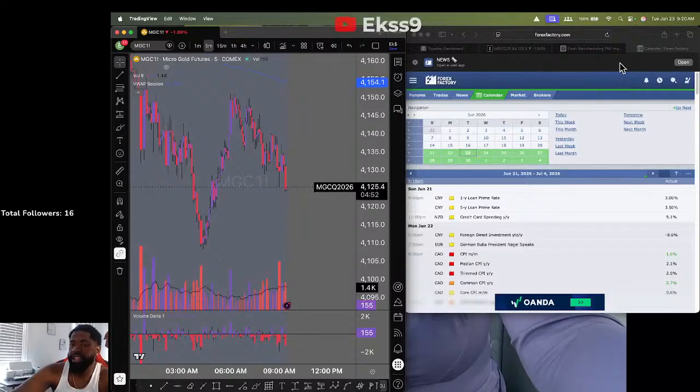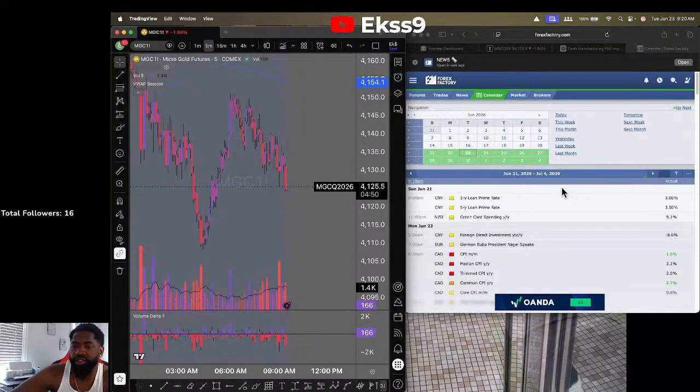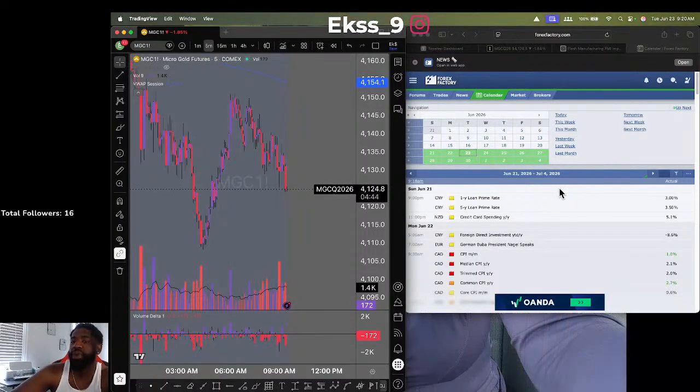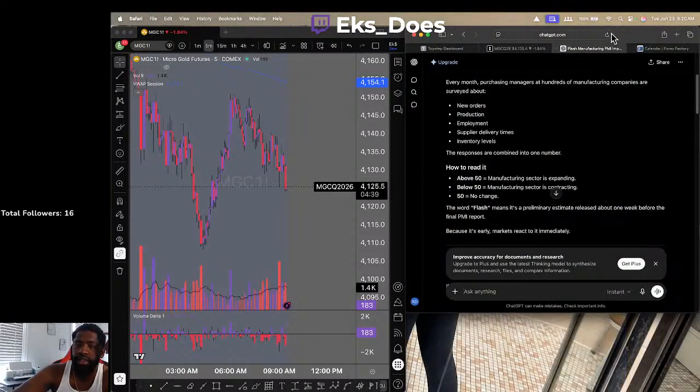Things that affect that are interest rates, inflation, whether or not commerce within the U.S. is expanding or contracting, which is why the news going on today is important.